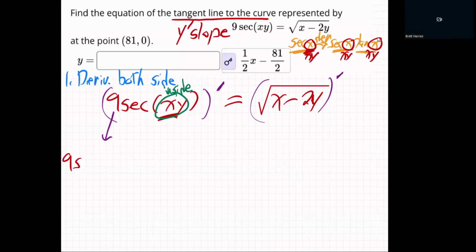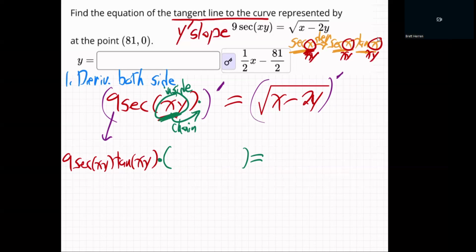So here, 9 secant xy tangent xy, okay, times. Now, right here, the chain rule tells us if the inside function is not a simple x, and xy is not a simple x, you've got to do the derivative of the inside and multiply by it. So here we go, multiply by it.